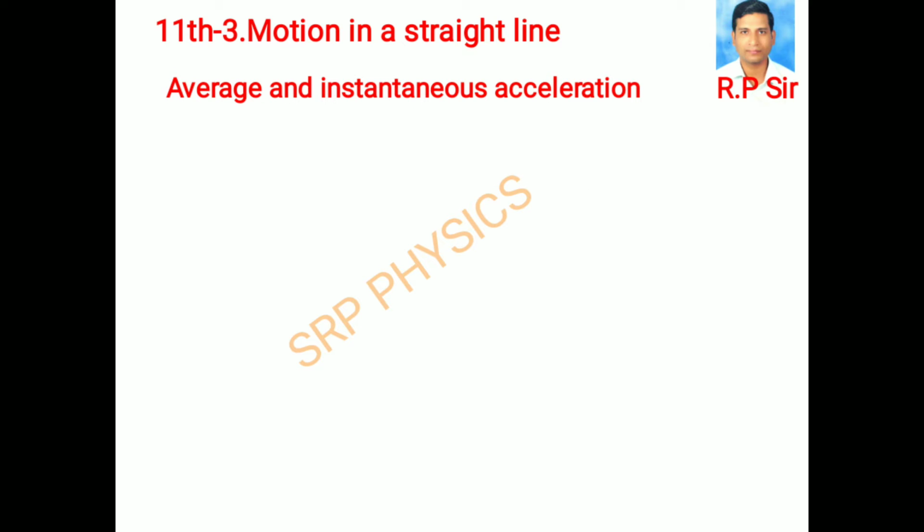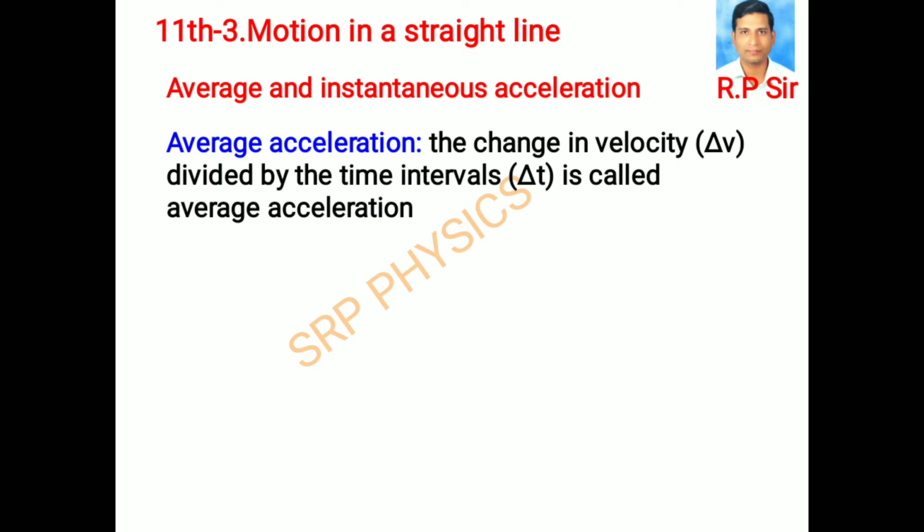Average and instantaneous acceleration. Let us know about average acceleration. Average acceleration is the change in velocity delta v divided by the time interval delta t.